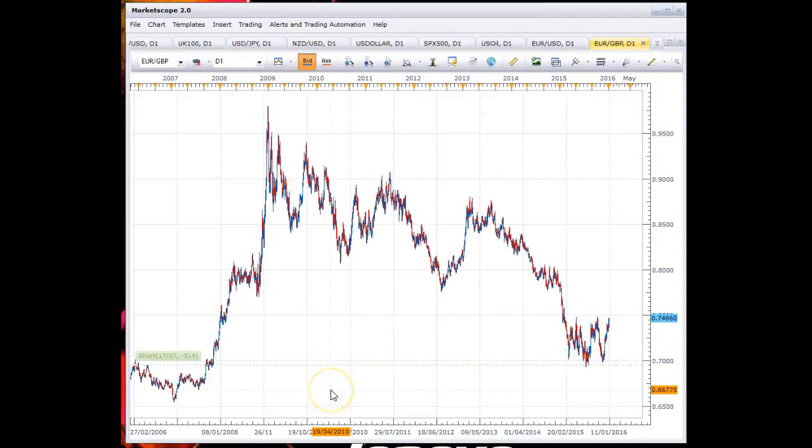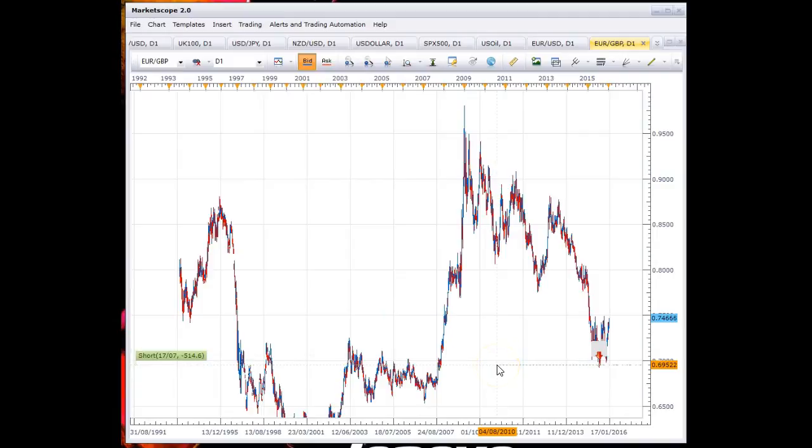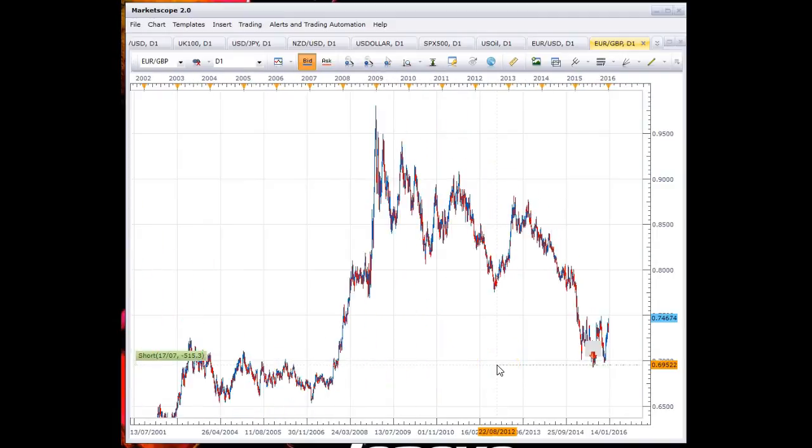So in my previous video where I was advocating a big swell to the top, it was based on cycles and various measurements.